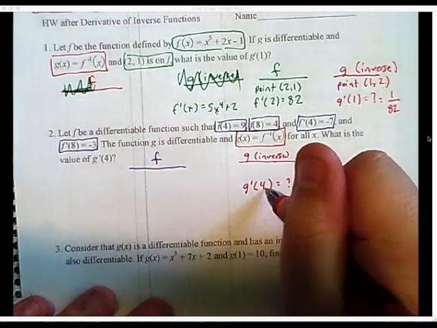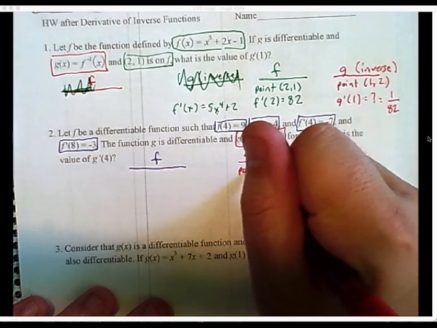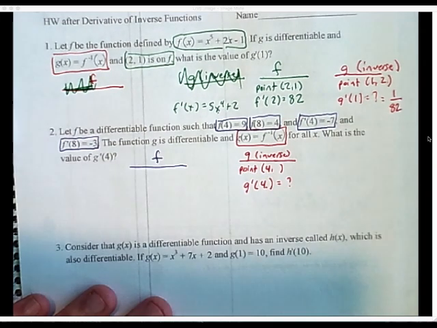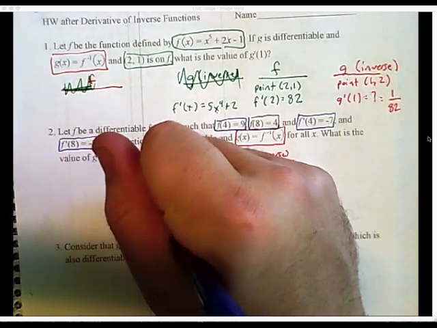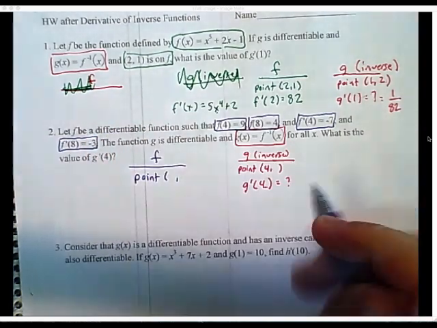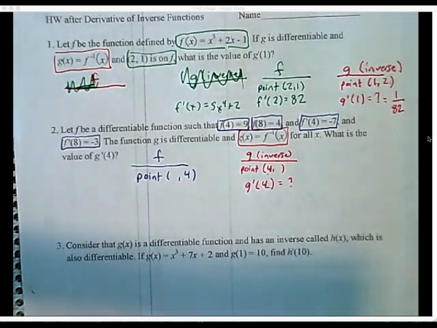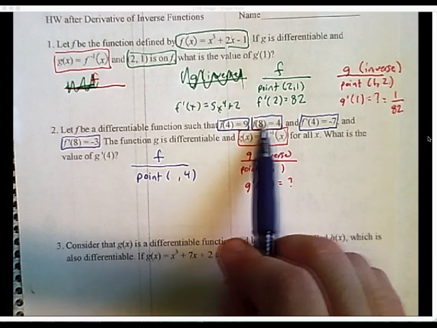Well, this is an x value on g, or g prime. So the point on g has an x value of 4. What does that mean? What's the point I care about over here? If that's an x value of 4, over here it's going to be a y value of 4. Okay. So look at these 2 points that they give me information about.